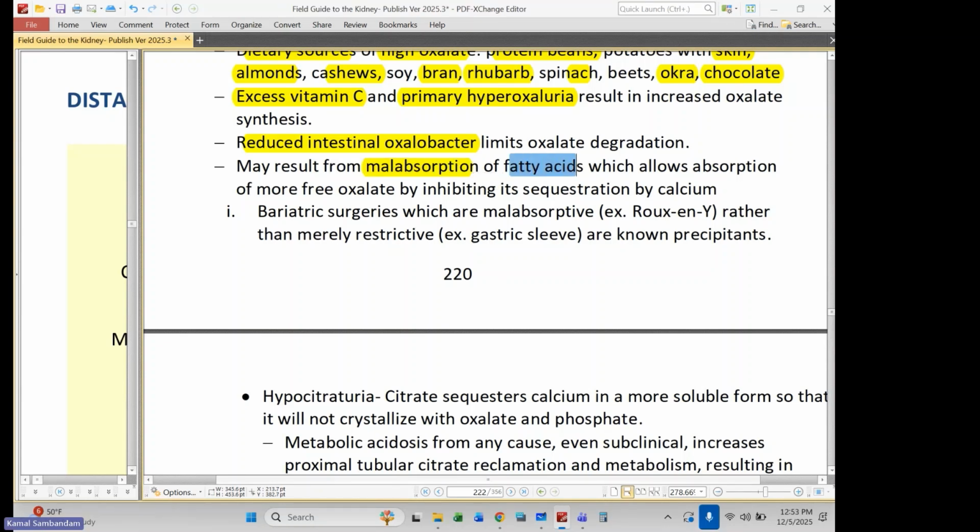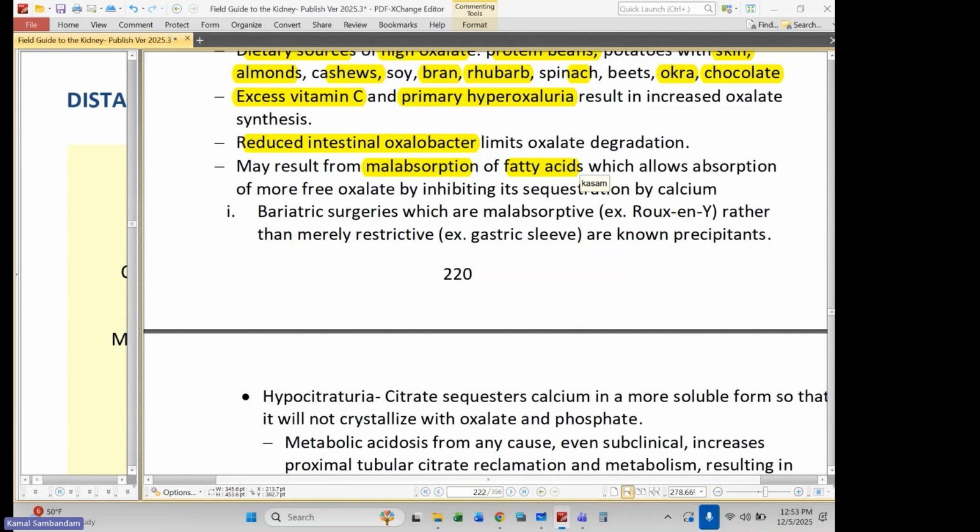Malabsorption of fatty acids is another classic cause of calcium oxalate stone formation. So some of our post-bariatric surgery patients have this problem. Now, it has to be the malabsorptive bariatric surgeries, so those are the Roux-en-Y's. It's not the ones that have just gastric restriction procedures.